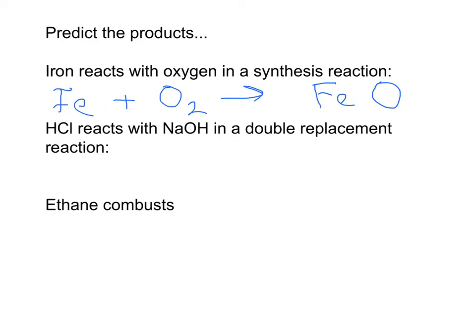That's synthesis. Okay, now the second example, we have hydrogen chloride, hydrochloric acid, reacting with sodium hydroxide, and we tell you that it is a double replacement reaction. So again, remember the cations are swapping. So let's try this one. We have HCl. That definitely would be aqueous.